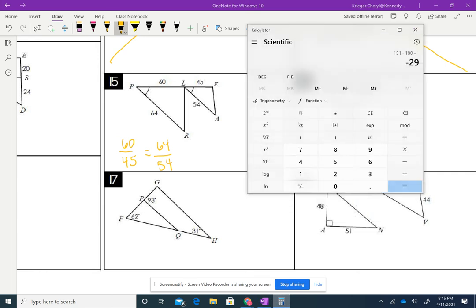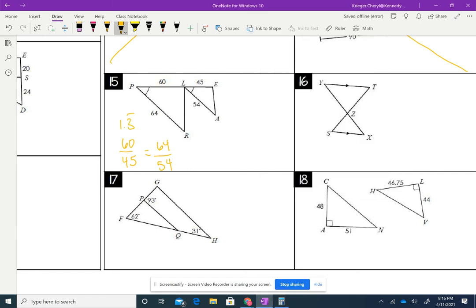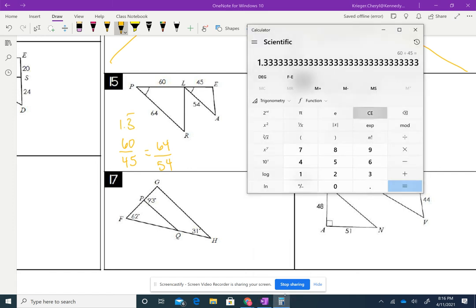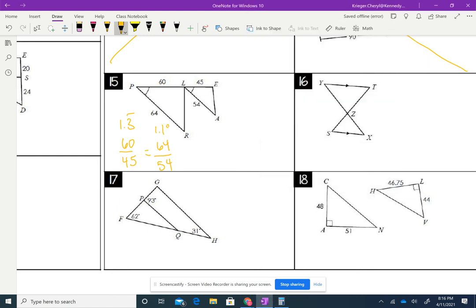So 60 divided by 45, 1.3. 64 divided by 54, 1.18. This is 15, not similar.